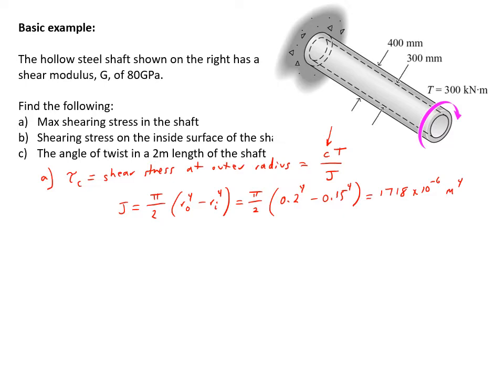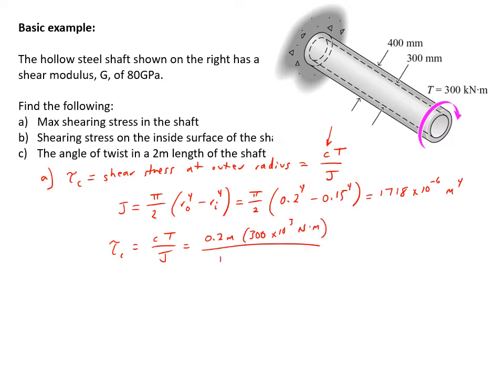All right, let's put that into our expression for tau c, which is c times torque over J. c is the outer radius, so that's 0.2 meters. The torque in this case is 300 times 10 to the third Newton meters.